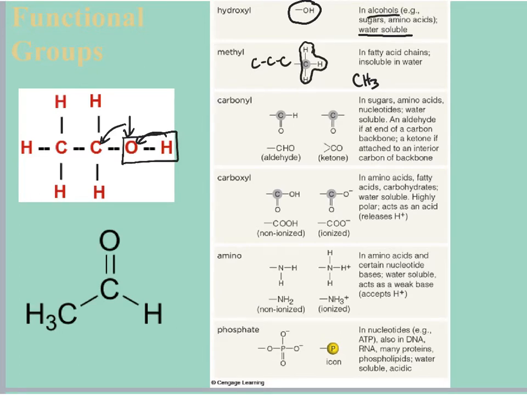These are found in what we call fatty acids, and those types of compounds do not dissolve in water. They're insoluble in water. Next up is a carbonyl group, where you have a carbon double bonded to an oxygen and single bonded to a hydrogen. So you have that double bond there with carbon and double bond with oxygen, single bond with the hydrogen.